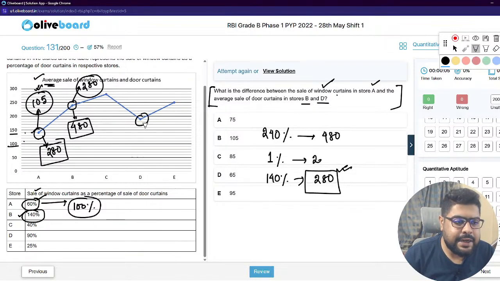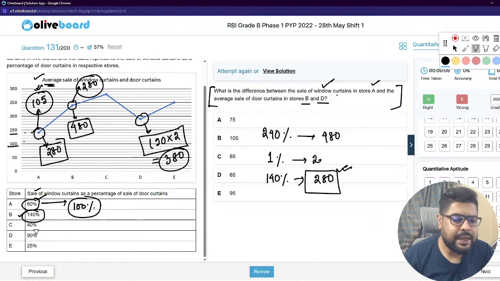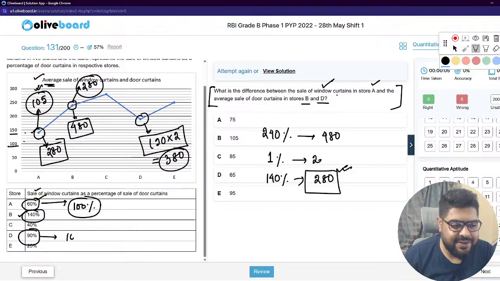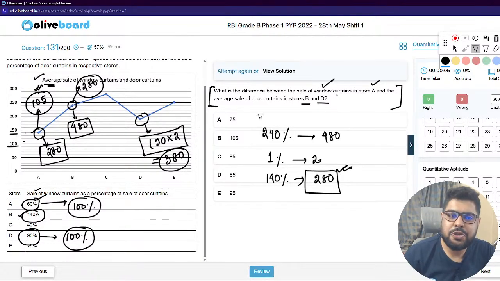For D, sir, it is 190. 190 times 2, because average is 190, so it will be 380. In this 380, 90% is window curtains and 100% is the door curtains. So totally 190%, sorry, 100 plus 90. 190% represents 380.